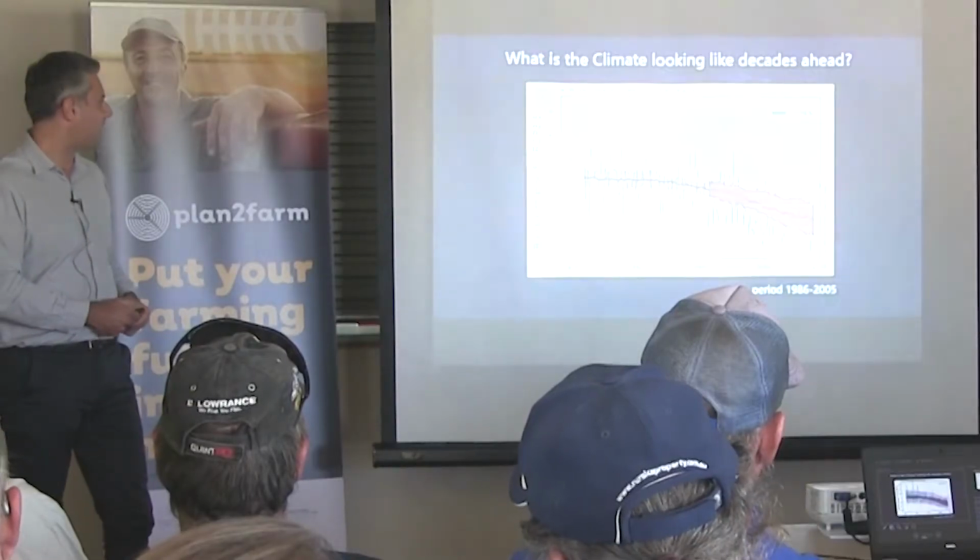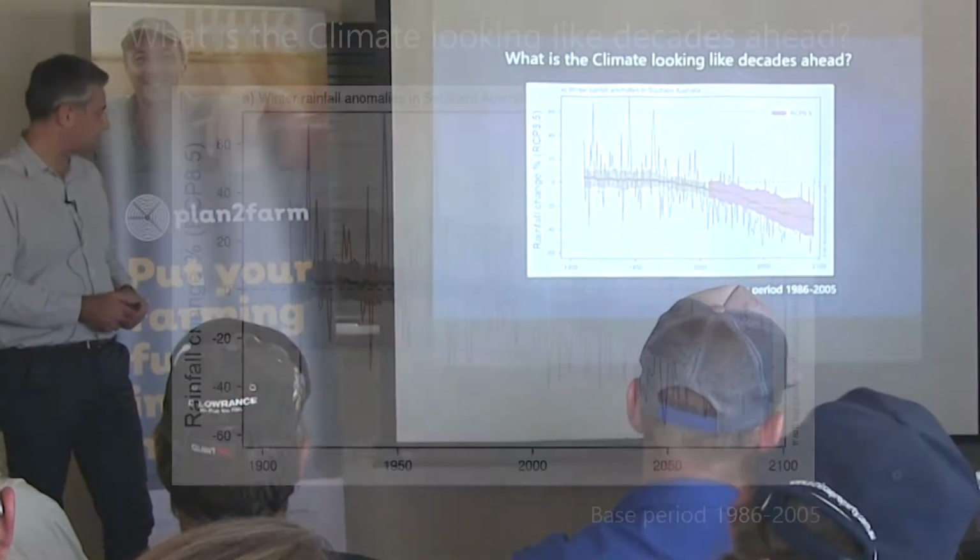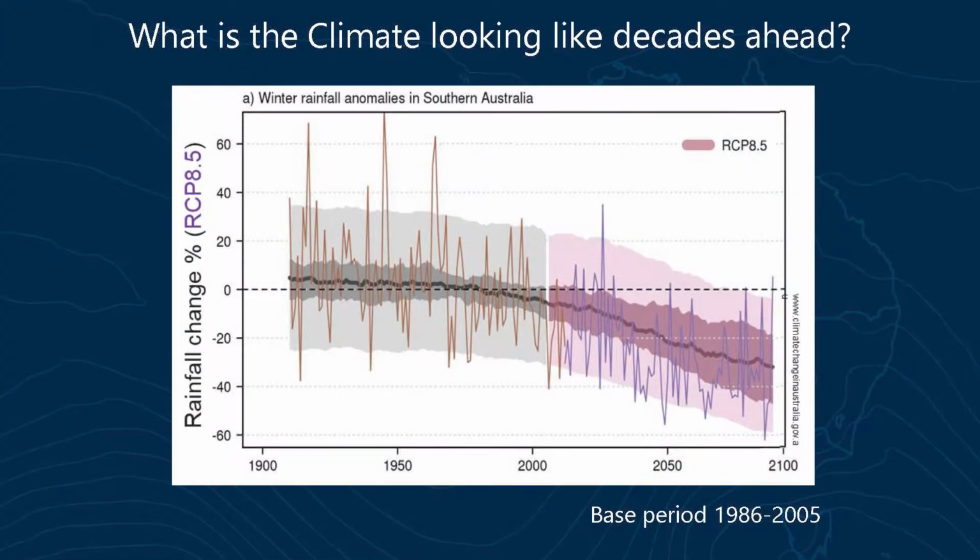And to illustrate that in another way, this graph represents, so the zero dotted line here is our baseline, our reference. That's the conditions based on the 1986 to 2005 average. And this coloured part of the plot, up to the early 2000s, is based on observed winter rainfall in southern Australia.